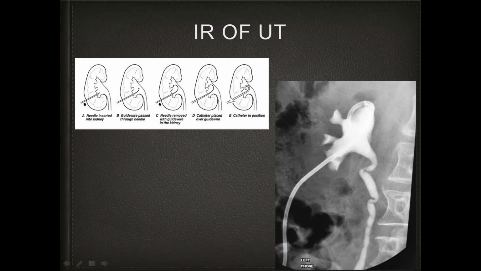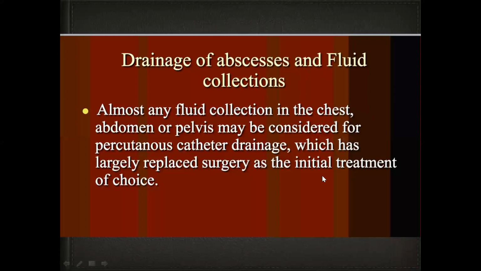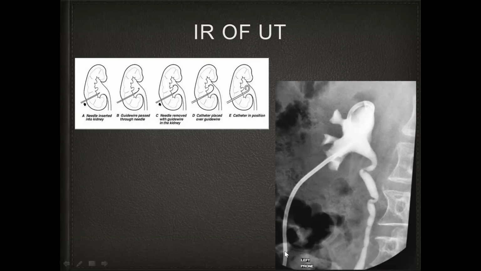Then we can put the pigtail catheter and remove the guide wire. Like this case, this is the pigtail catheter. Here you can see this is a pigtail inside the pelvic system. We did antegrade pyelography to see the pelvic system and the ureter downward. So we can do diagnostic and also therapeutic drainage.